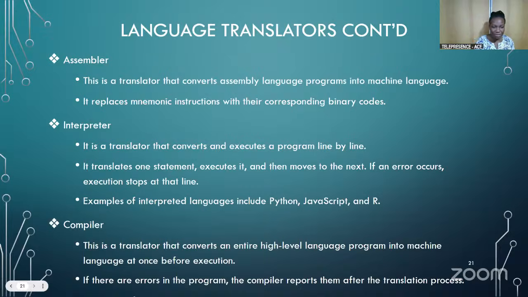We also have the interpreter. Interpreter and compiler both convert high-level programming languages to machine language, but the way they work differs. An interpreter is a translator that converts and executes a program line by line. It translates one statement, executes it, then moves to the next. If an error occurs, execution stops at that line.